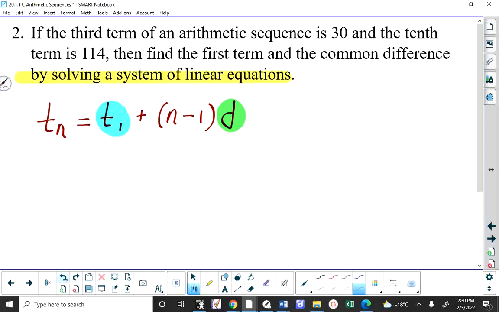And normally what I would say to you is that in order for you to find something else that's missing, you need to put in a pair of numbers for everything else. So for example, we know that when n is 3, Tn is 30.